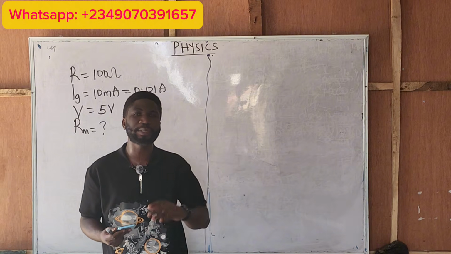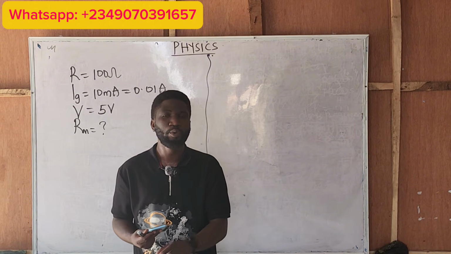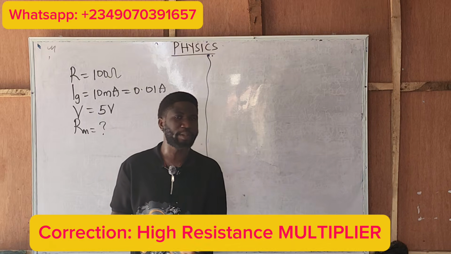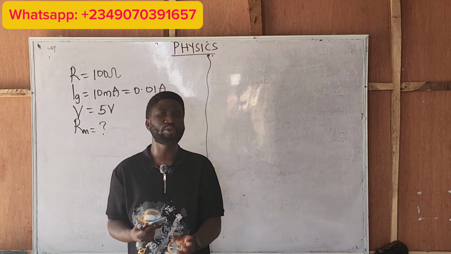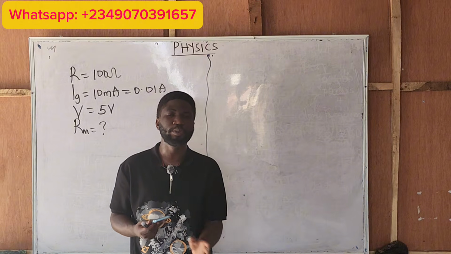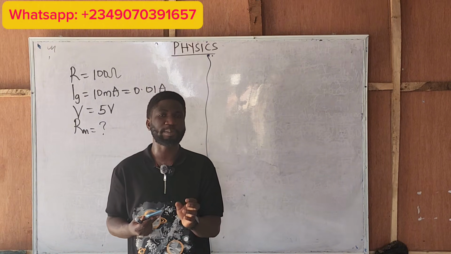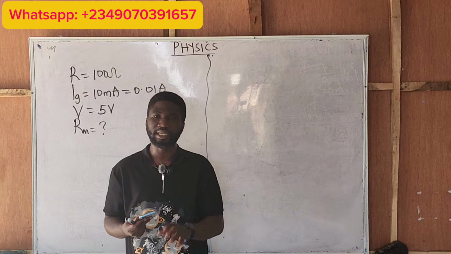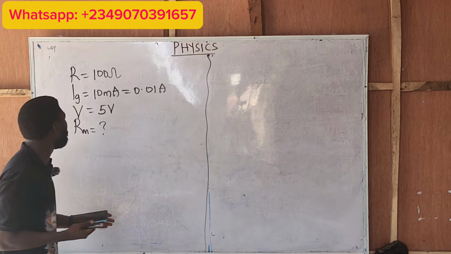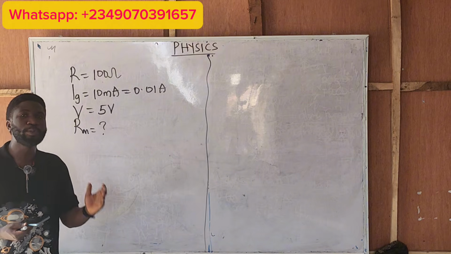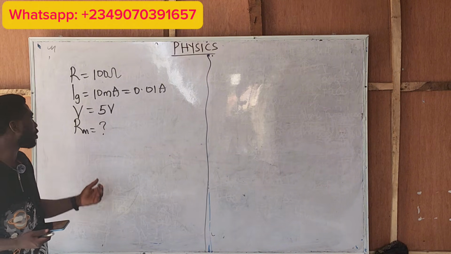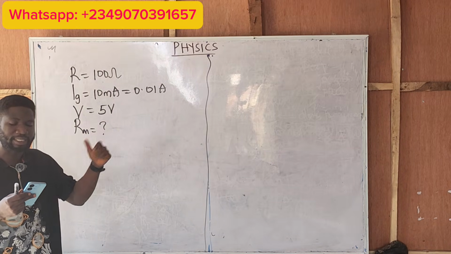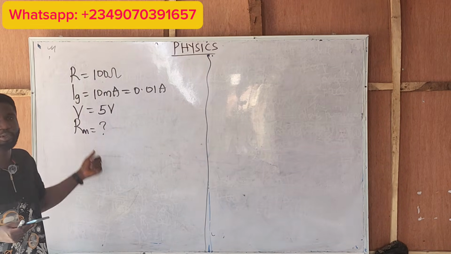But if you want to convert a galvanometer to a voltmeter, we make use of a resistor called the multiplier. The multiplier helps to convert the galvanometer to a voltmeter, and this multiplier is always connected in series with the galvanometer. So in this case, we are changing the galvanometer to a voltmeter from the question, so we are making use of the multiplier. The question says to calculate the resistance of the multiplier.